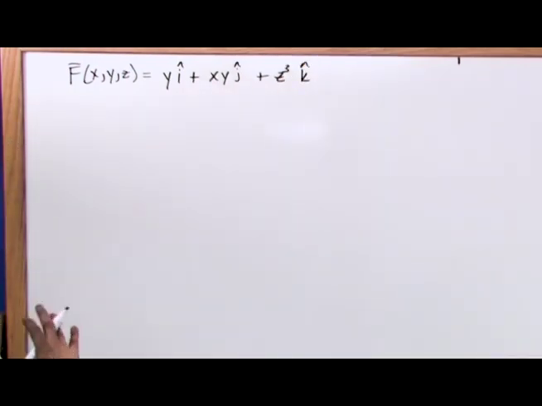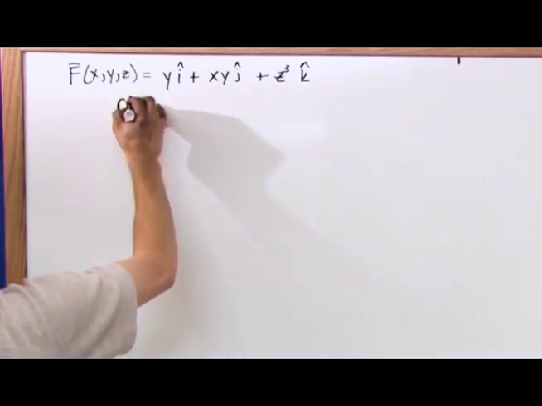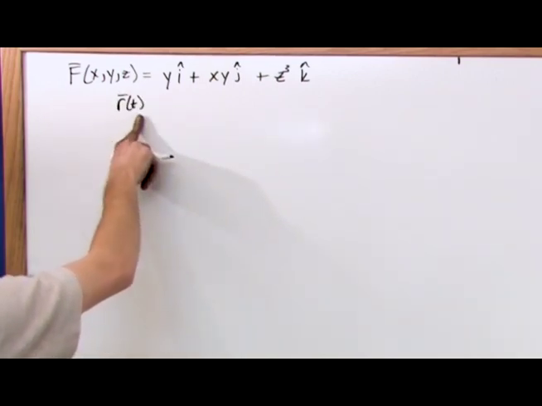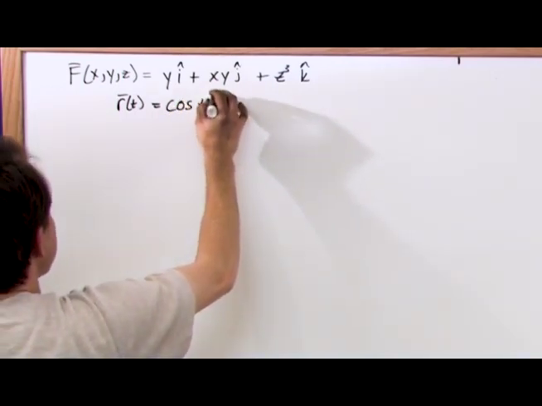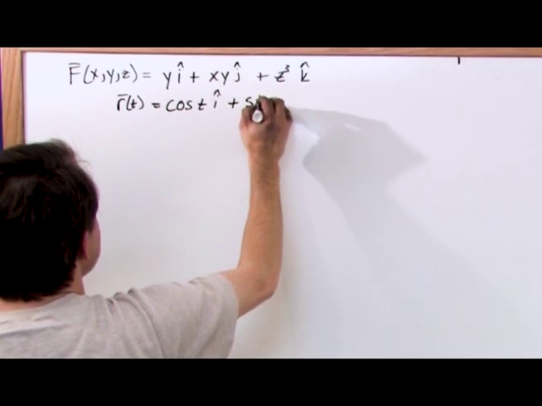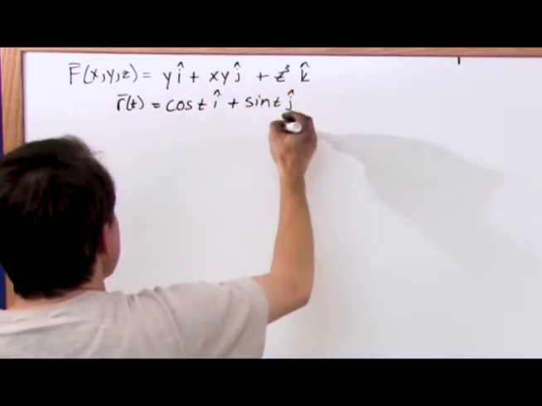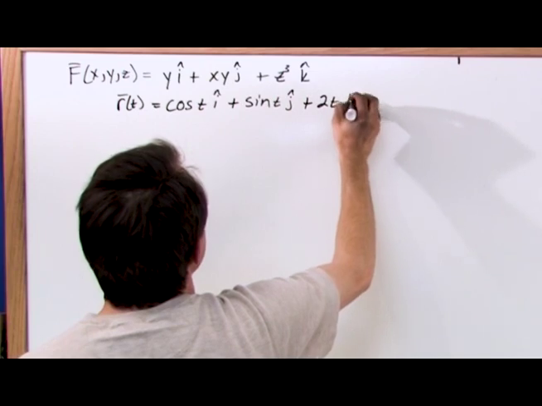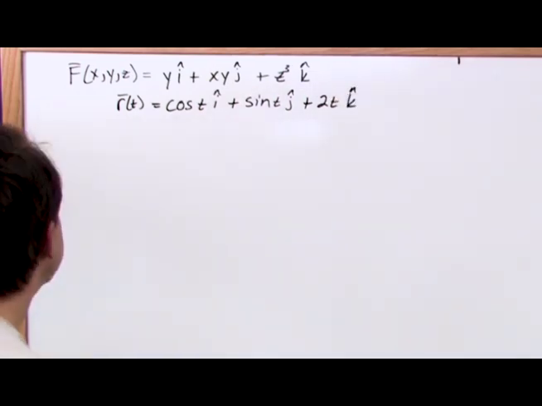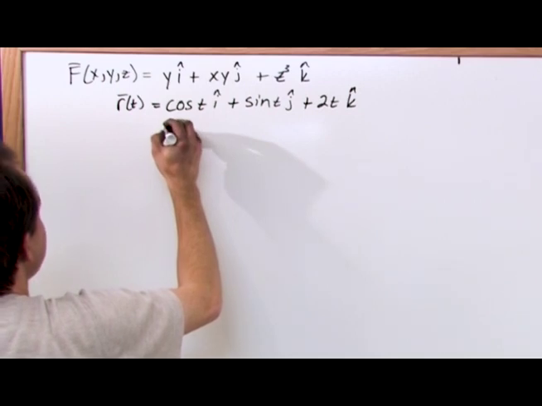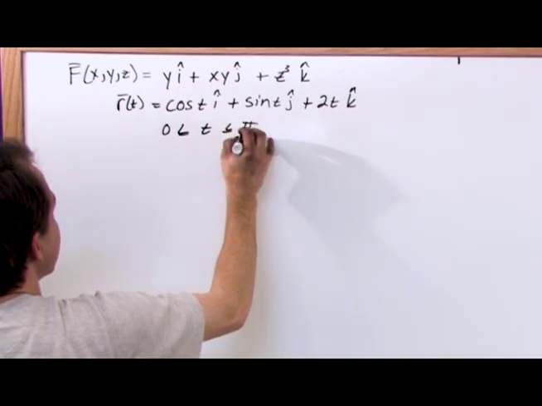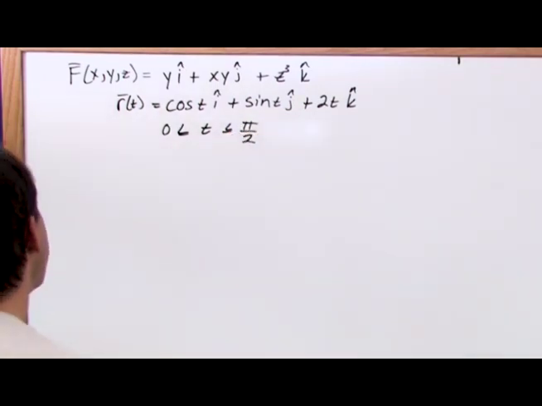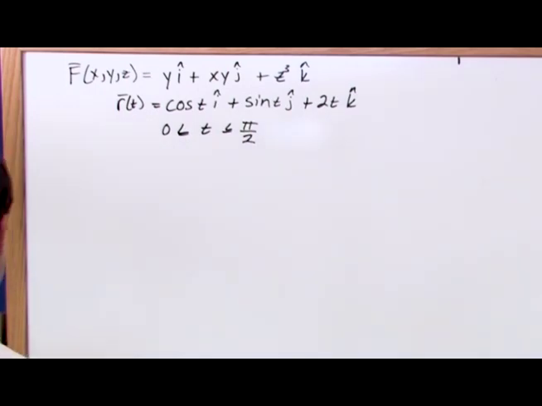Now the path that I'm traveling and integrating over to find out how this vector field interacts is r, with a parametric variable of time here, cosine of t in the i direction plus sine of t in the j direction plus 2t in the k direction. And this parametric equation is valid from t equals 0 up to pi over 2. So that traces the path as the tip of this arrow right there.